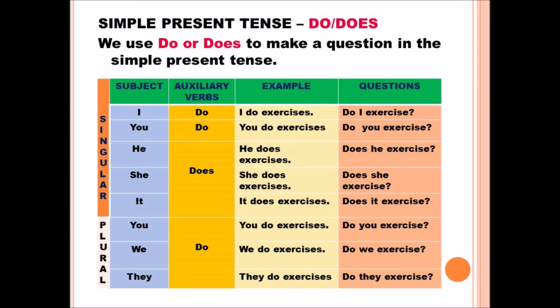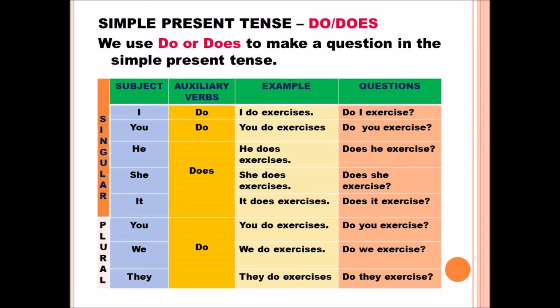We have seen the exception case: we use es with do for simple present tense. So, he does exercises, she does exercises, it does exercises. How can we change it into a question? Does he exercise? Does she exercise? Does it exercise? Here does comes in the front and the subject goes next.